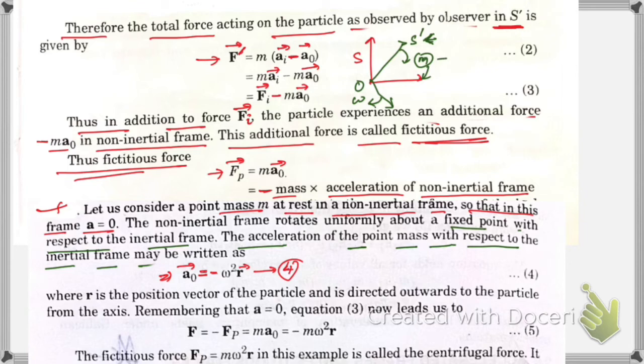So this mass has an acceleration with respect to the inertial frame S. For the frame S dash, the acceleration of this mass a is equal to 0, and relative to the inertial frame S, its acceleration is a naught.